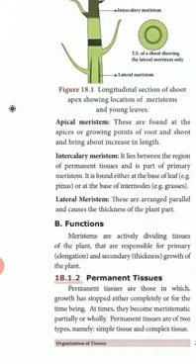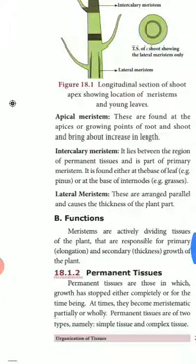So what are the functions of the meristem? Meristems are actually dividing tissues of the plants that are responsible for primary growth, which means the elongation of the stem. The next one is secondary growth of the plants. Secondary growth is nothing but the thickness of the stem.